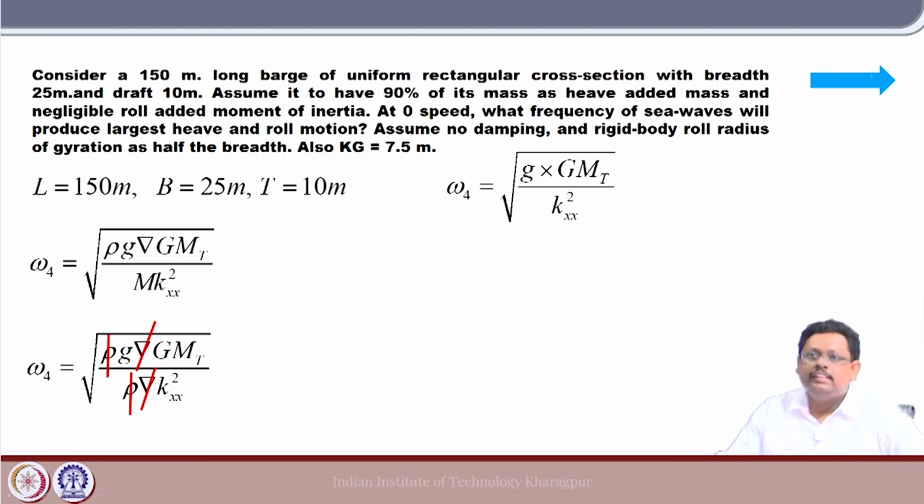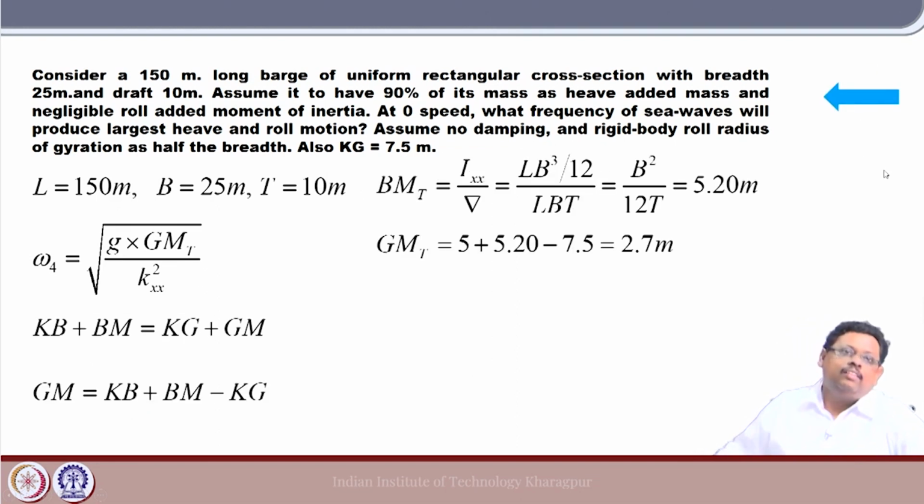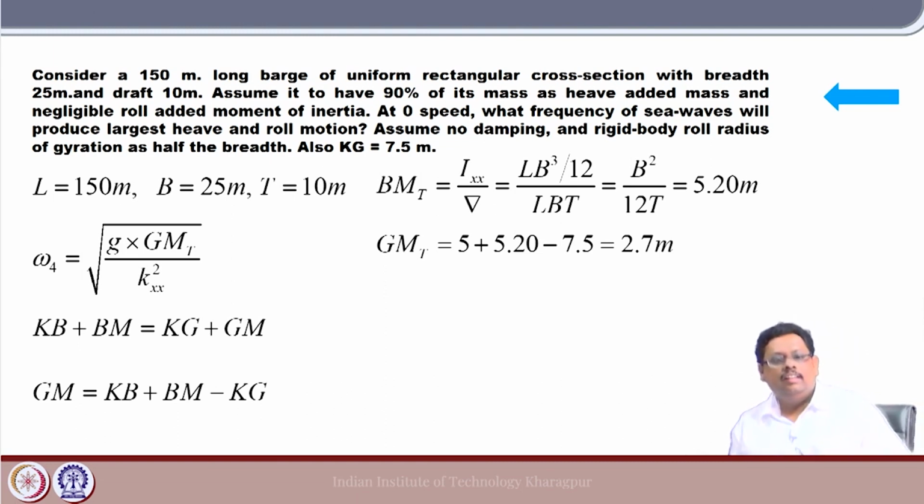So, let us see. Here we are going to use this formula to find out the GMT. Now, we know that Kb plus Bm equals Kg plus Gm, right. This was already discussed in our initial lectures, and I think you all know this formula very well. So, I can demonstrate it physically here.